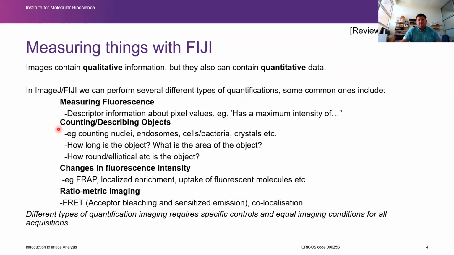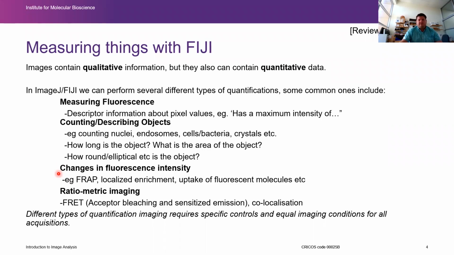We can count things and describe them. We can say how many nuclei there are, or how many endosomes or cells or bacteria or crystals were in the image. We can also describe the object by saying how long it is, or what the area of that object is. We can also describe how round or elliptical it is through some of the description tools in Fiji.